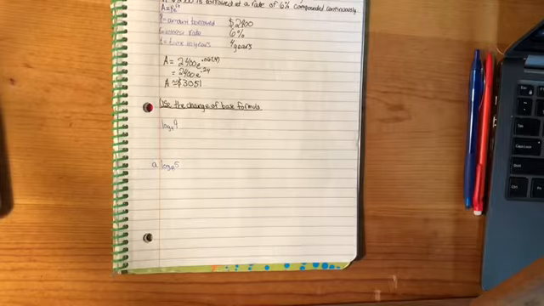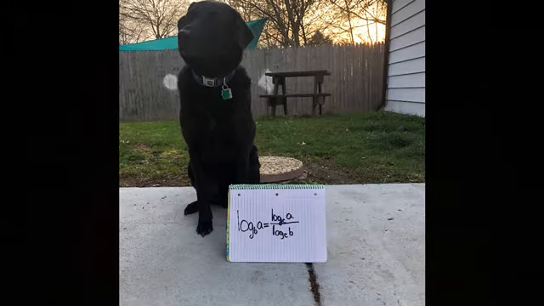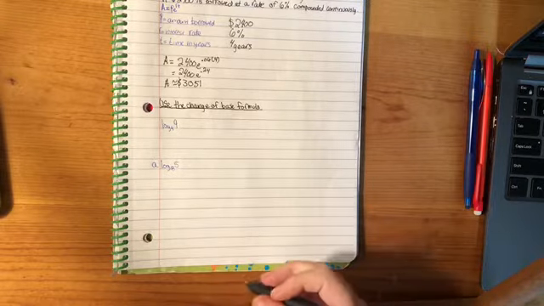So now we're going to talk about the change of base formula. The change of base formula is log base b of a is equal to log base c of a over log base c of b. So we're going to start out with log base 4 of 9.